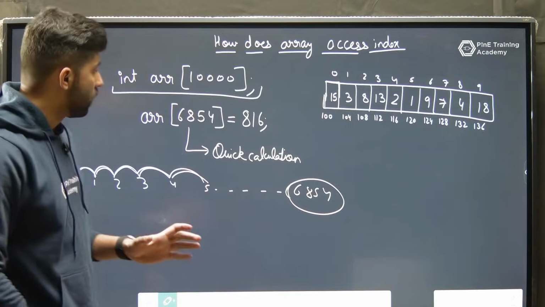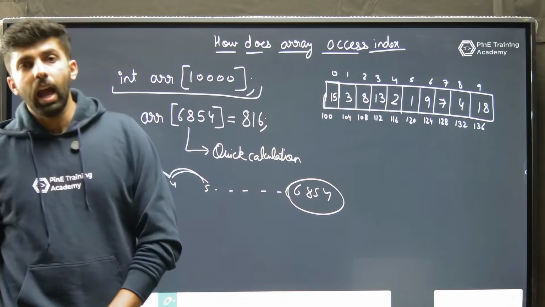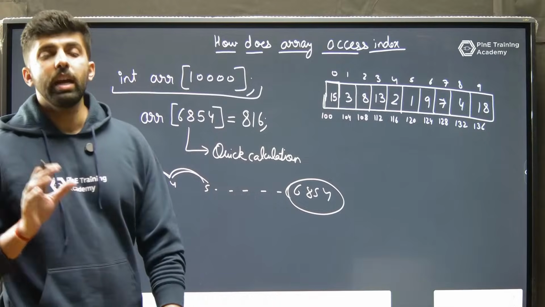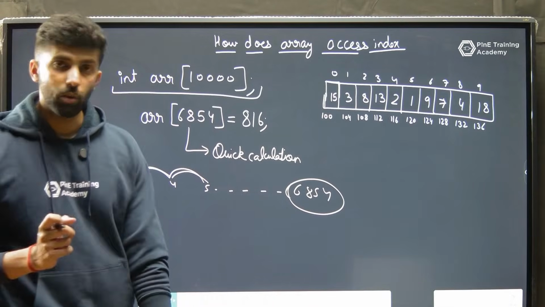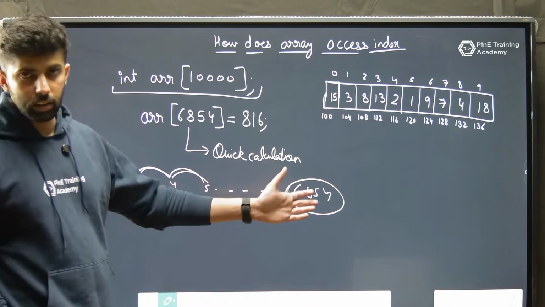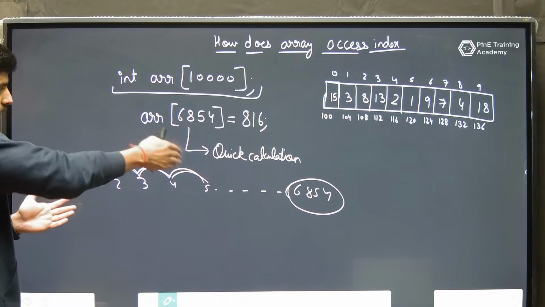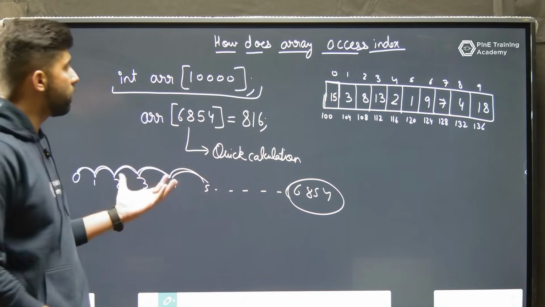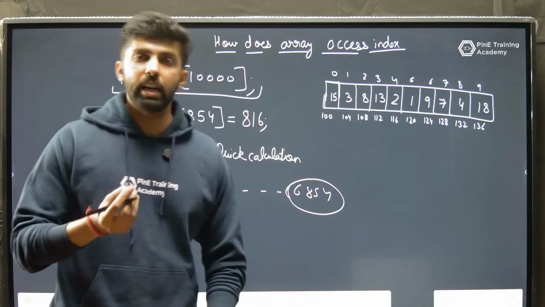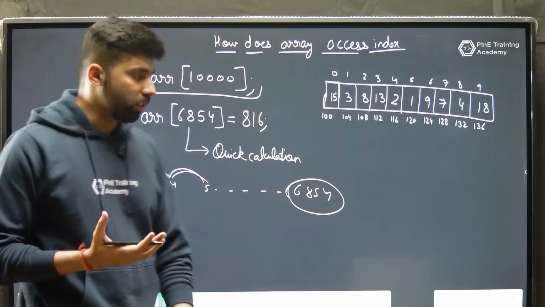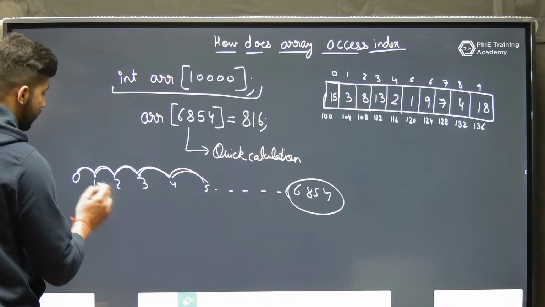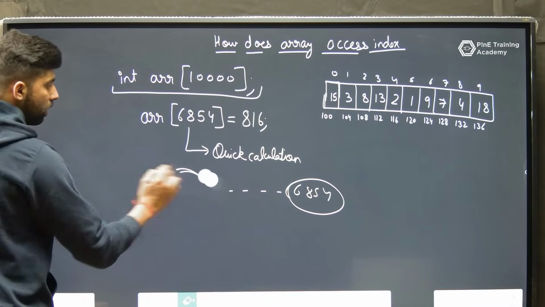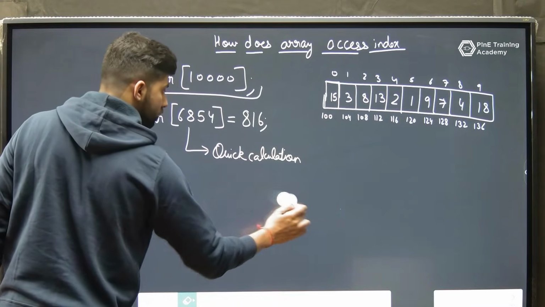If this happens, array will be one of the most inefficient data structures. But it is not, which means it doesn't jump from index to index.